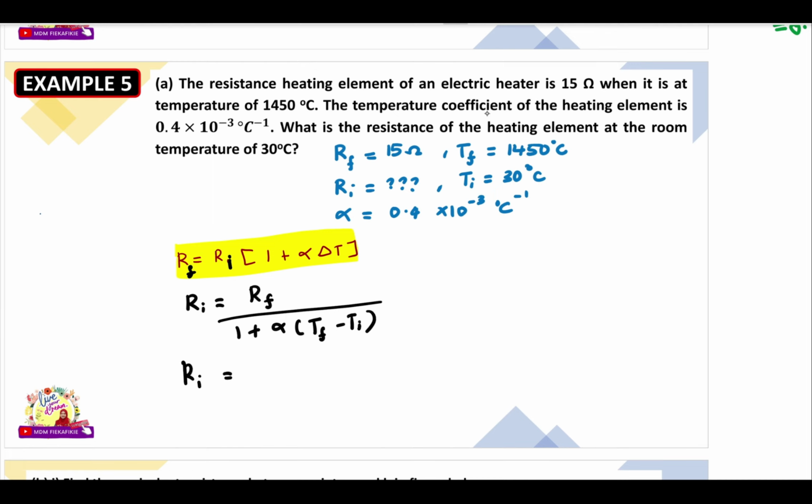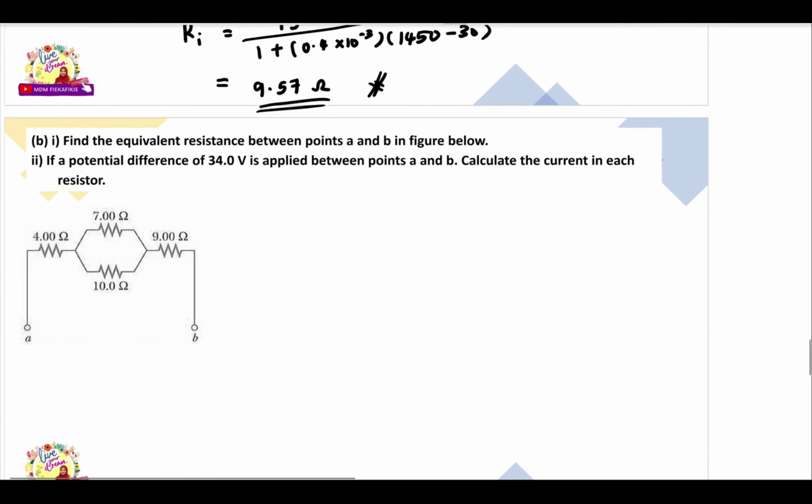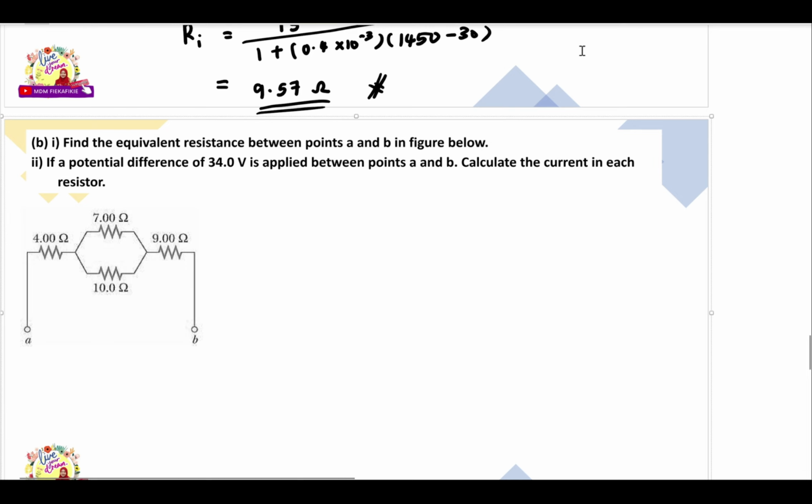R final is 15, 1 plus 0.4 times 10 power of negative 3, times T final minus T initial that we already have. So the answer is 9.57 ohm. Okay, so that finishes 5A.